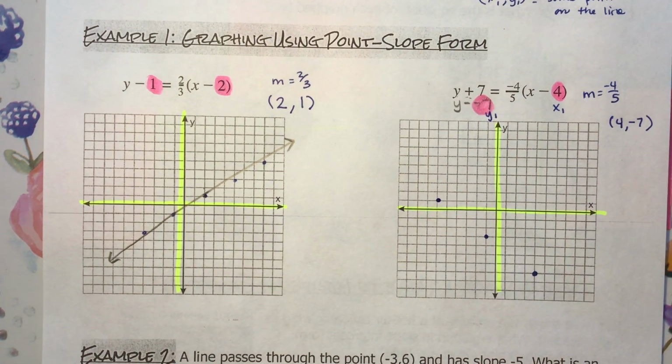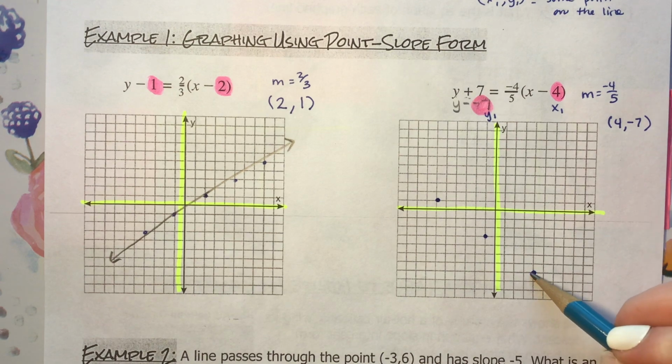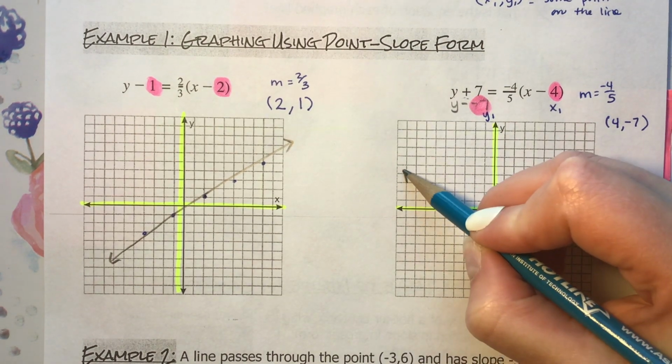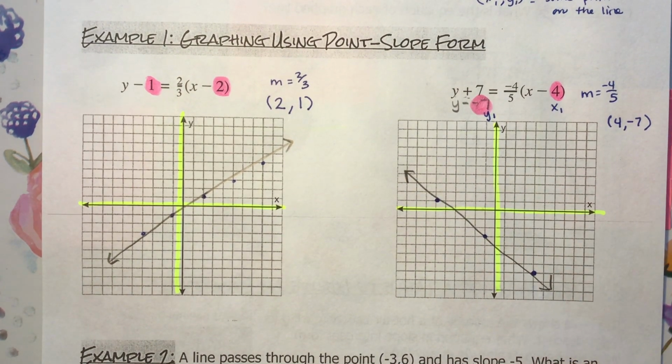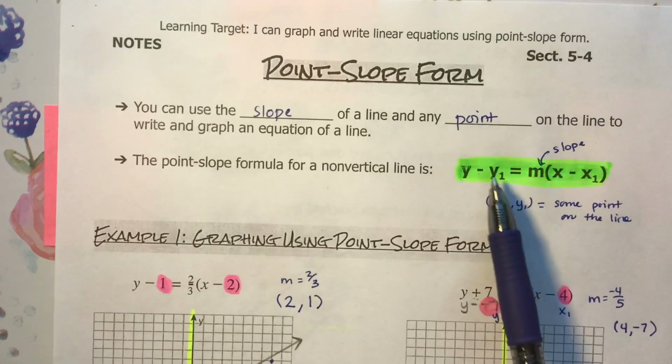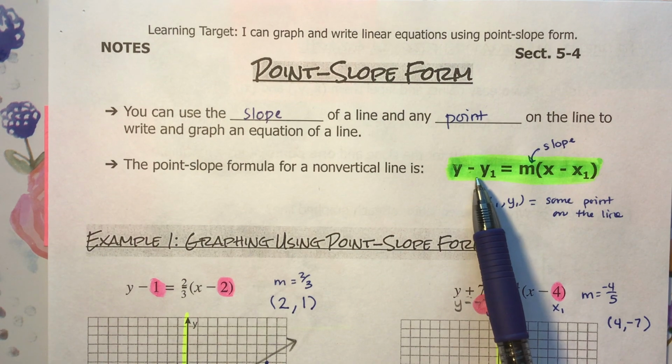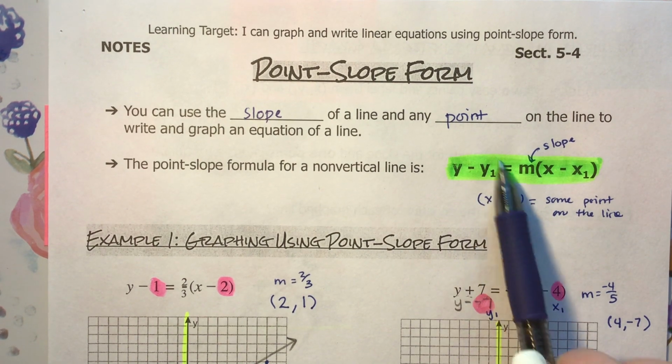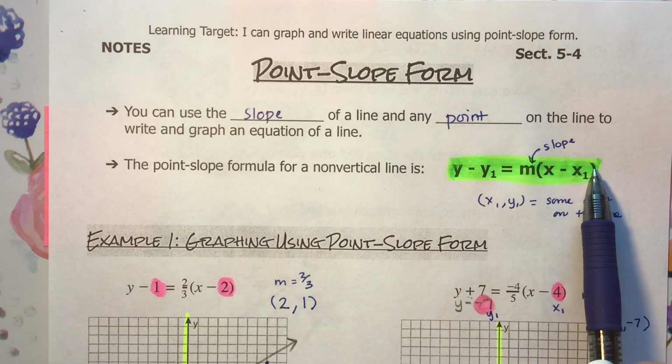Okay. I have my points, and now I can connect them. And there we have it. So this minus sign, make sure that you're being mindful. It needs to be minus, and then your y sub 1, minus your x sub 1.